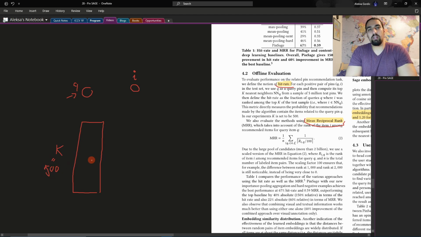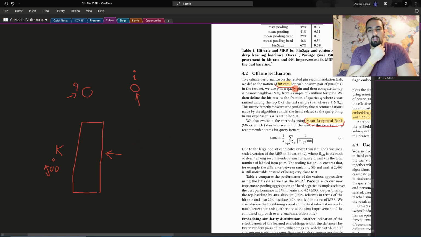So the hit rate is the following. We are interested whether this ground truth pin is somewhere inside the recommended pins. If it is, that's a good thing. If it's not, that's a bad thing.